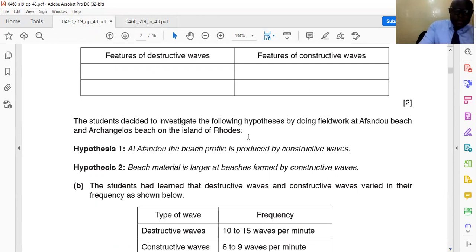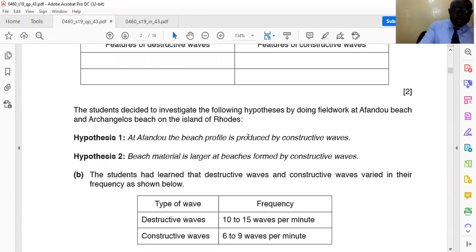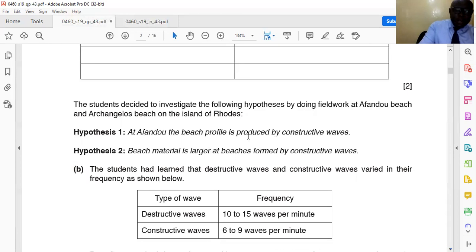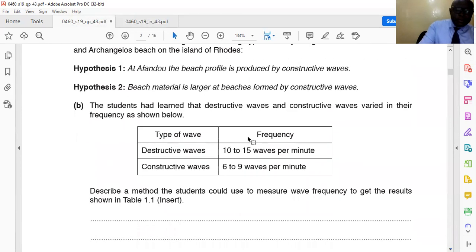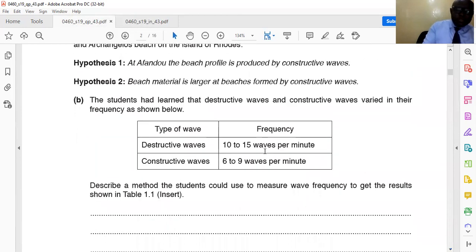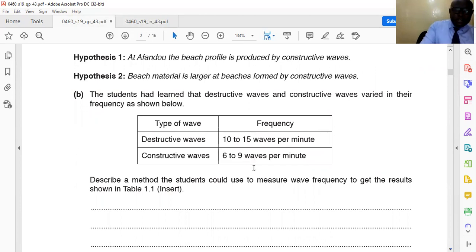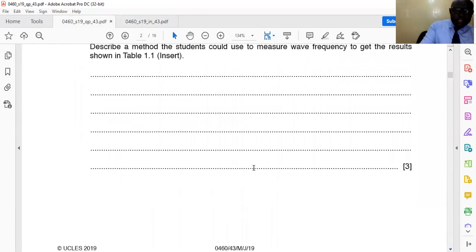So that's the hypothesis there for you. Students have learned that destructive waves and constructive waves vary in their frequency, as shown below. So from here, 10 to 15 waves per minute, while constructive waves are 6 to 9 waves per minute. Now describe a method the student will use to measure the wave frequency to get the result. That's the one we did now.